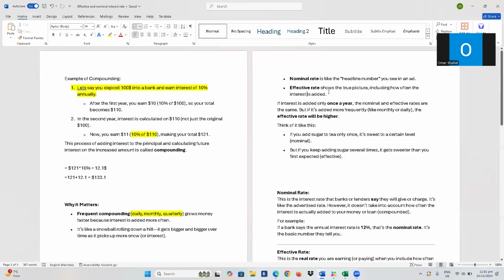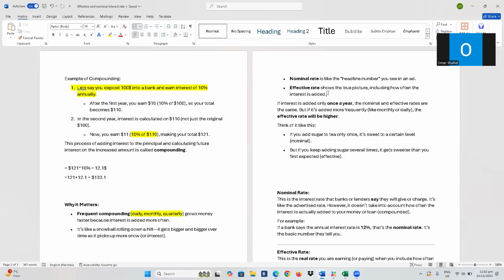But what is the effective rate? The effective rate shows the true picture, including how often the interest is added. So the effective rate tells us how many times that 10% will be added. In the advertisement they will tell you that our interest rate is 10% annually and you will be so happy you will visit a bank, but when you visit the bank they will tell you some other charges as well, some other amounts included in the interest.